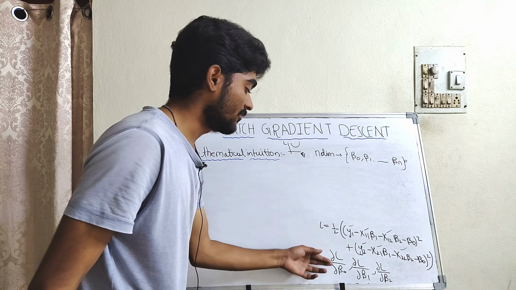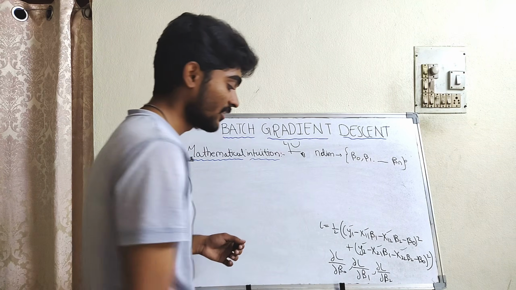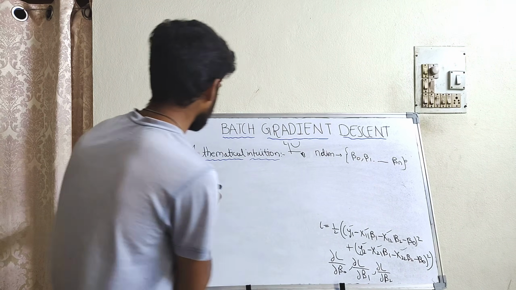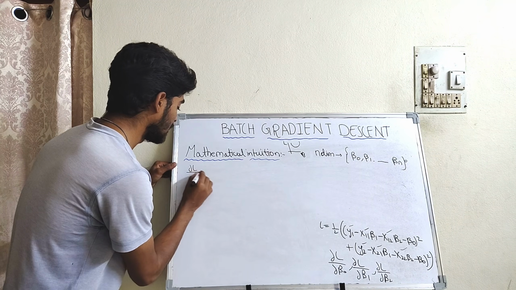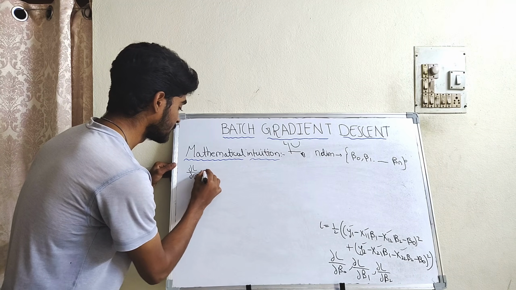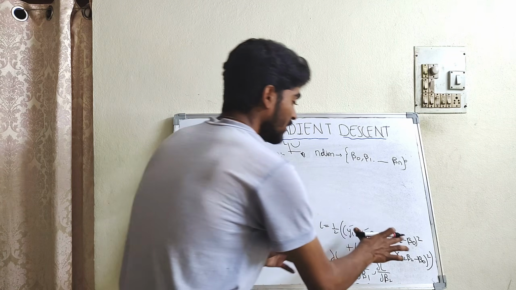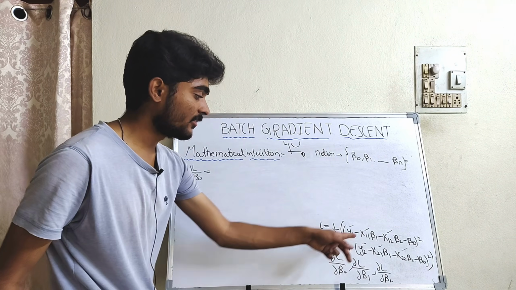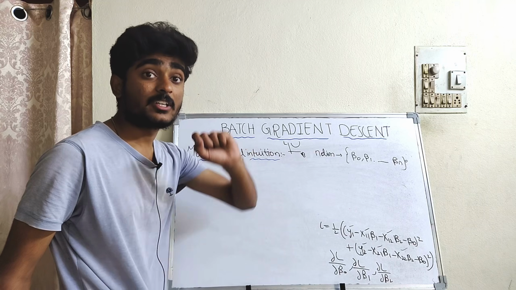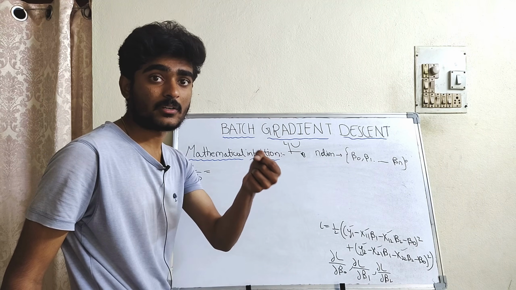Now let us consider the first differentiation, that is del L by del beta naught. I'm differentiating with respect to beta naught. Now this is in the form of x square. What is the differentiation of x square?